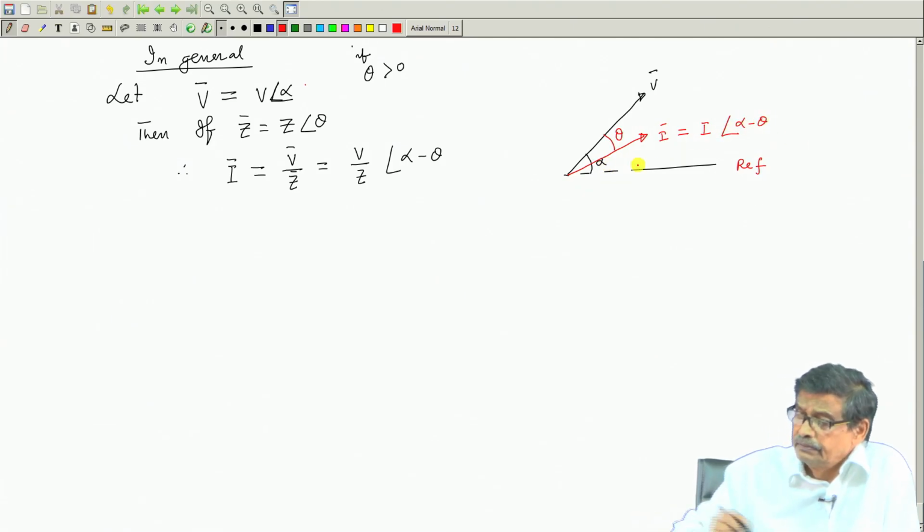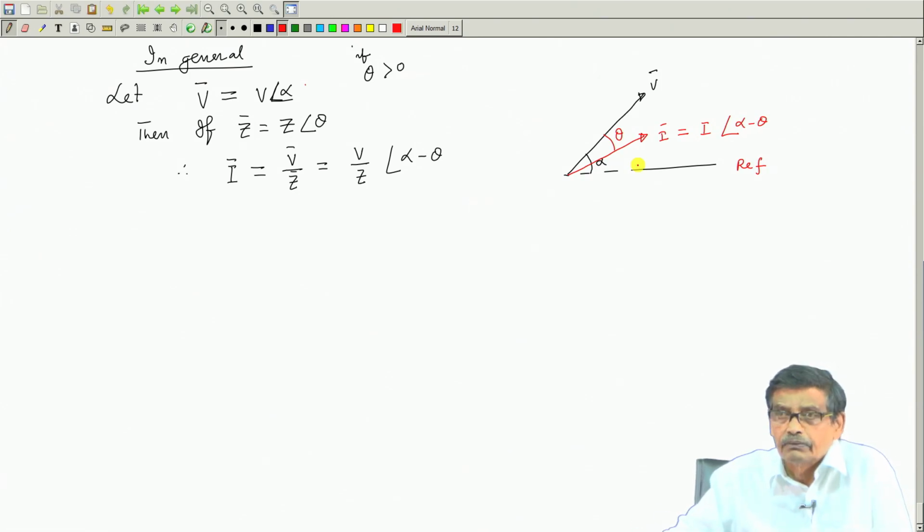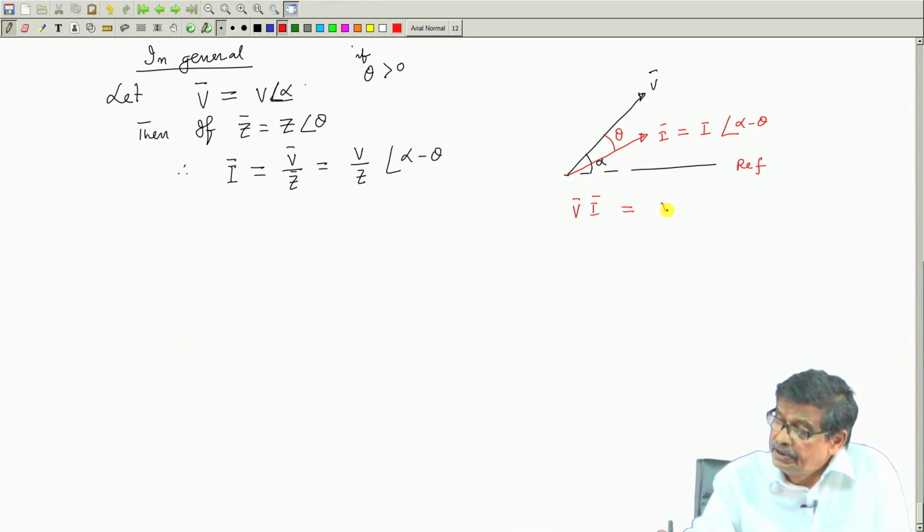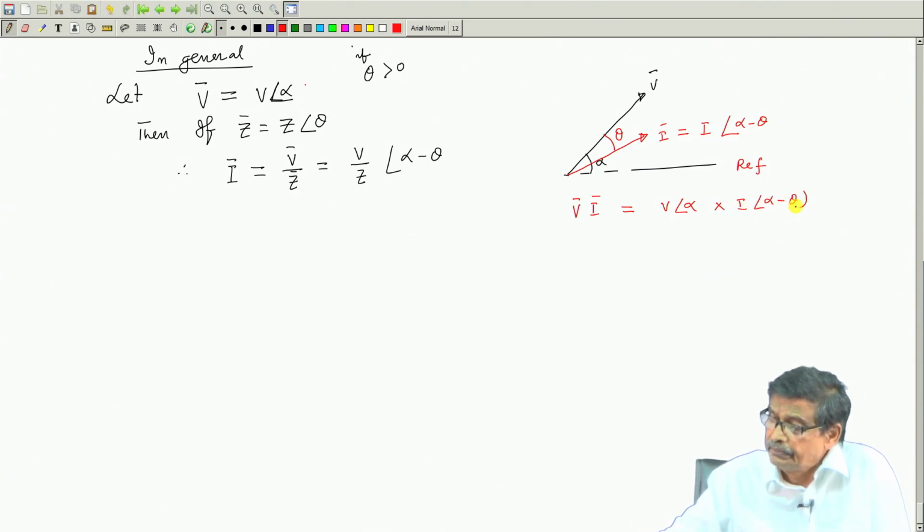This is how your I bar should be coming in your calculation. Now, suppose you say that I will calculate V bar into I bar, I will just multiply these two. If you do that, you will get V angle alpha into I angle alpha minus theta.